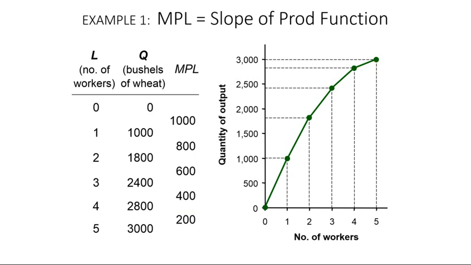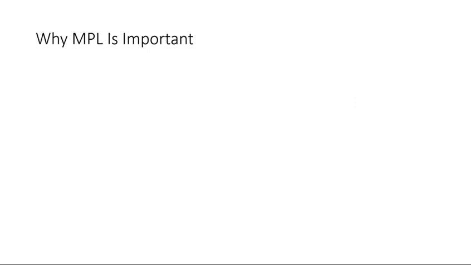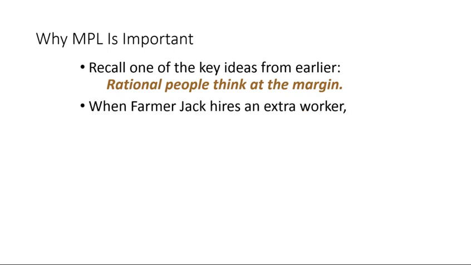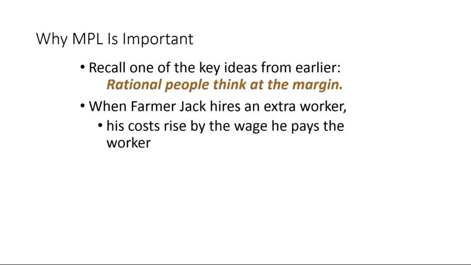Okay, now, why do we care about the marginal product? Well, if you remember back to one of the core ideas we talked about at the beginning, we have to think at the margin if we're rational. If I'm a seller and I'm thinking whether or not I should hire another worker, I'm going to have to compare the benefit of hiring that worker to the cost. And the cost of that additional worker is the wage I have to pay them.